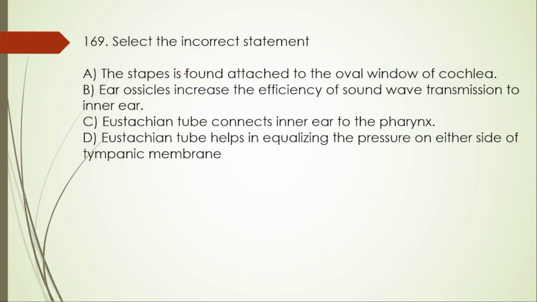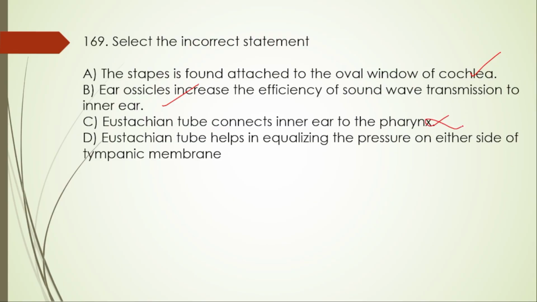Select the correct option, that is, the incorrect statement here. The stapes is found attached to the oval window of the cochlea. Yes, this one is right. Ear ossicles increase the efficiency of the sound wave transmission to the inner ear. This one is right. Eustachian tube connects the inner ear to the pharynx.